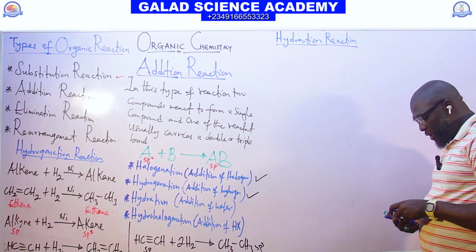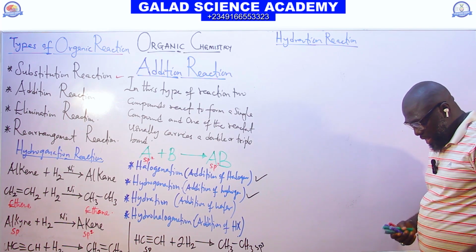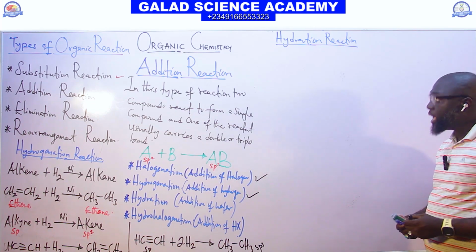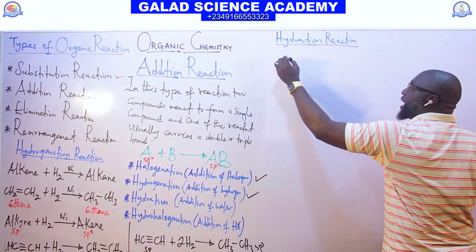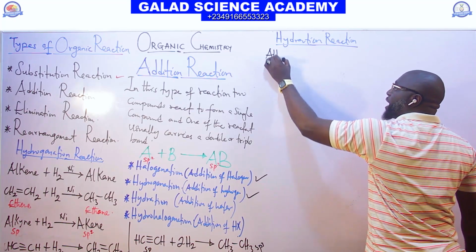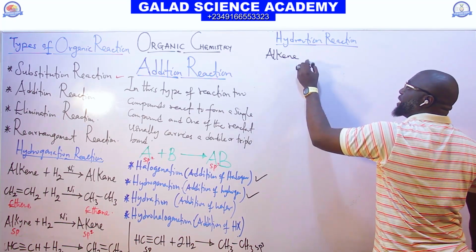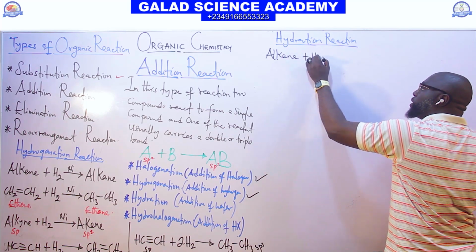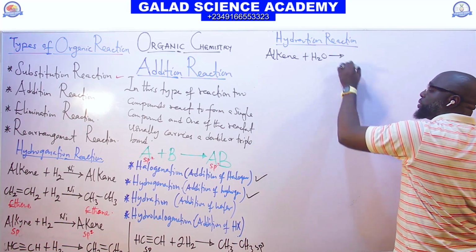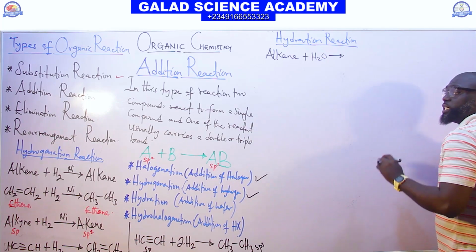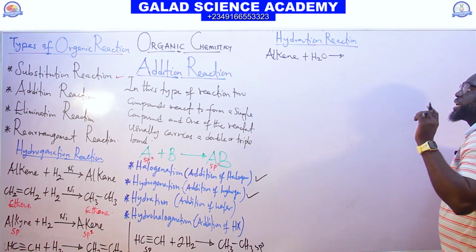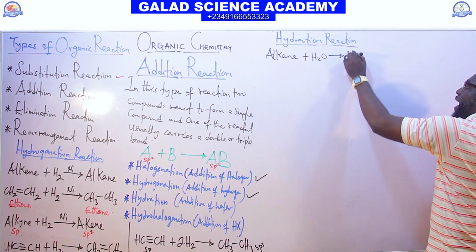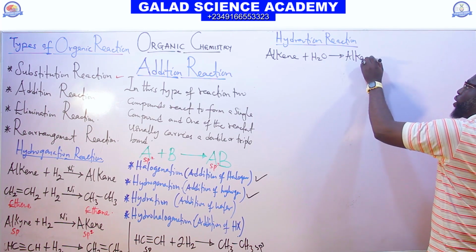Take for instance, if you hydrate an organic compound called alkene and we add water to it, which is H2O, please don't disturb yourself. The product of this reaction will be alkanol.